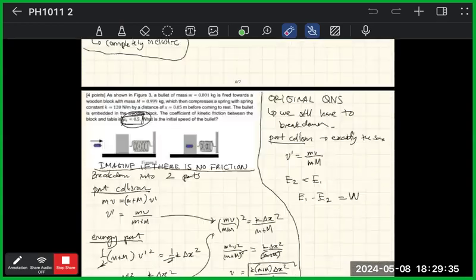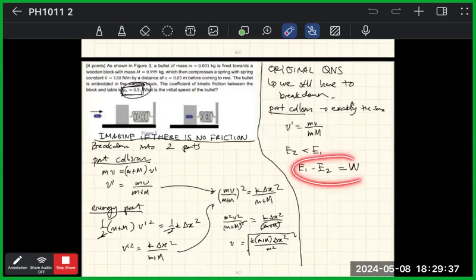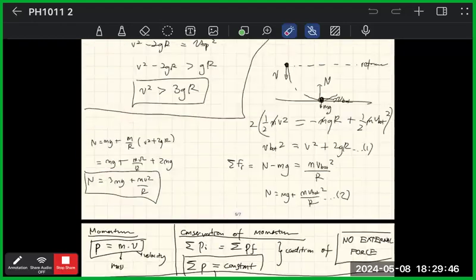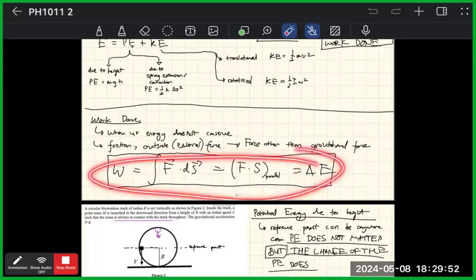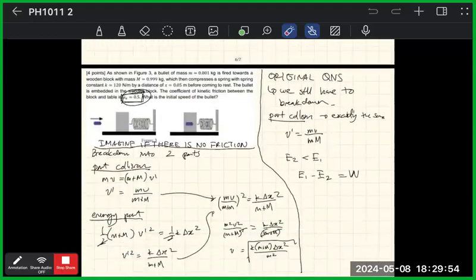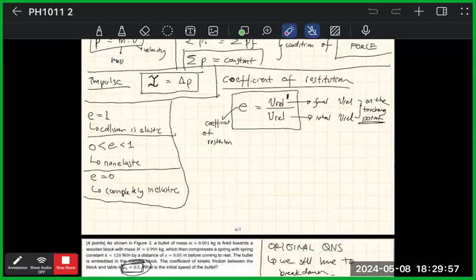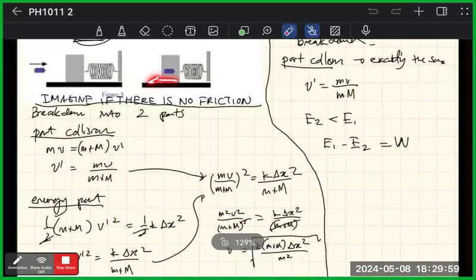But how come our equation here is E1 minus E2? It's supposed to be E2 minus E1, because it's the difference in energy. Actually, if you plug into this formula, you'll use the negative W because the friction force is going to the left.